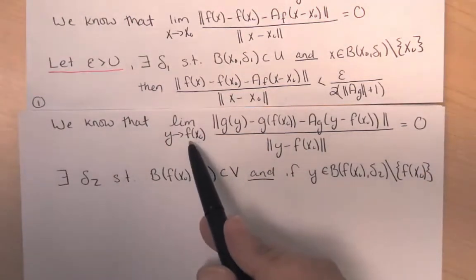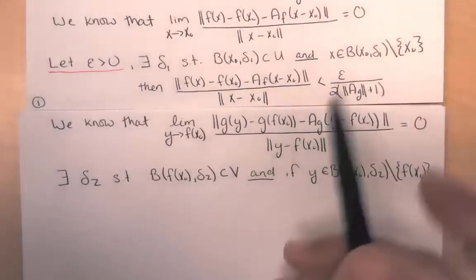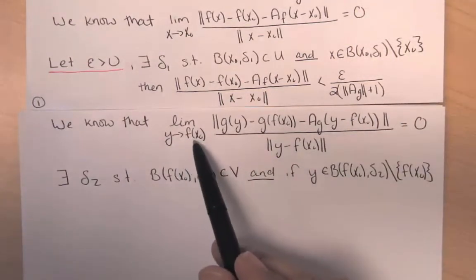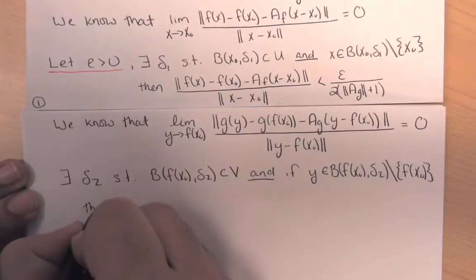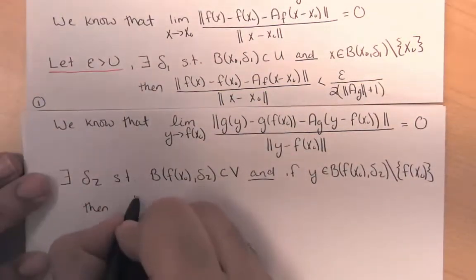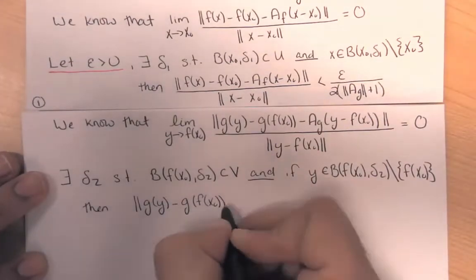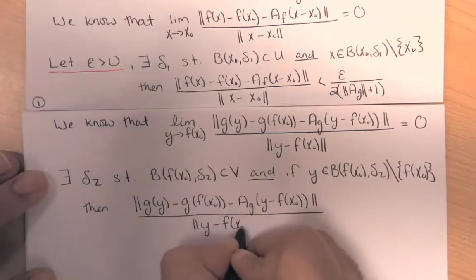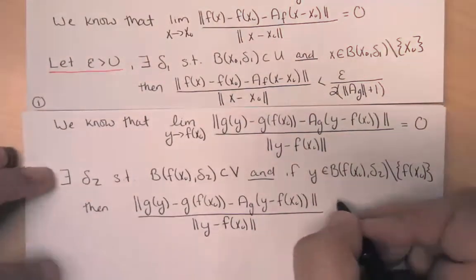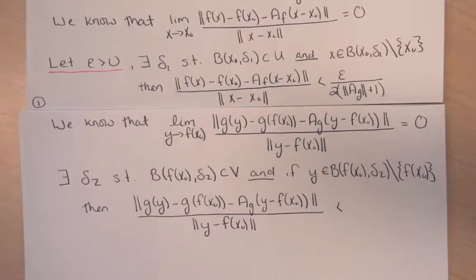Remember, in the limit, we're concerned with what happens as y approaches f of x naught rather than the value of y at f of x naught. Then this quotient is less than, now, well, again, less than whatever I want.